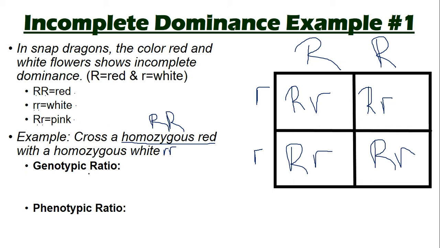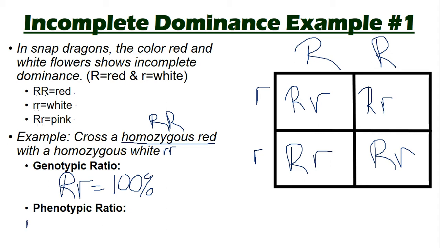Now we have to write a genotype ratio. The first genotype I see is big R, little r. How many boxes have big R, little r? All 4 boxes, so that's 100% big R, little r.